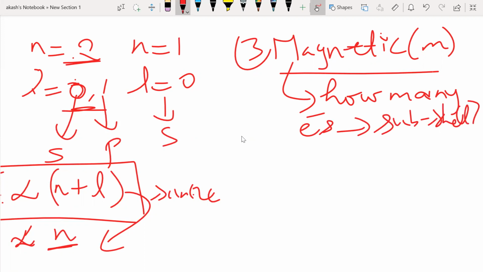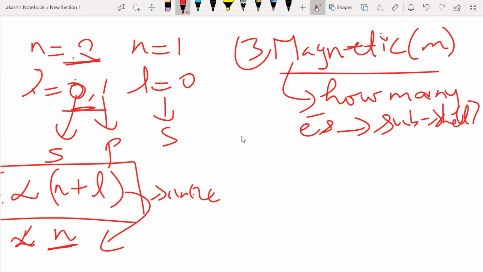What is the maximum number of electrons which can be placed in a particular subshell? That is what is given by your magnetic quantum number. Or in other words, it is going to tell me the number of energy states. How many energy states are present for each and every subshell?